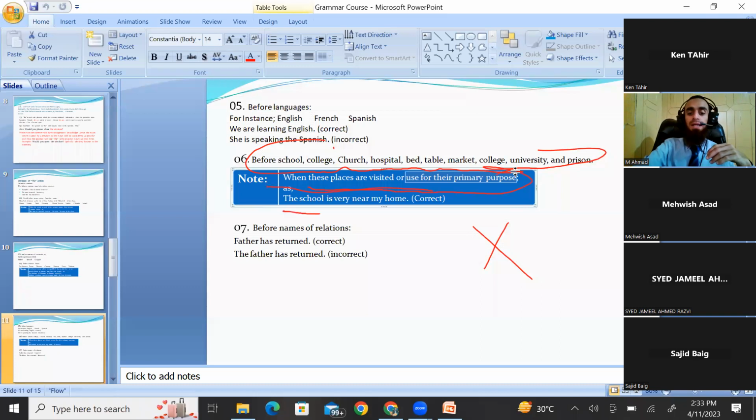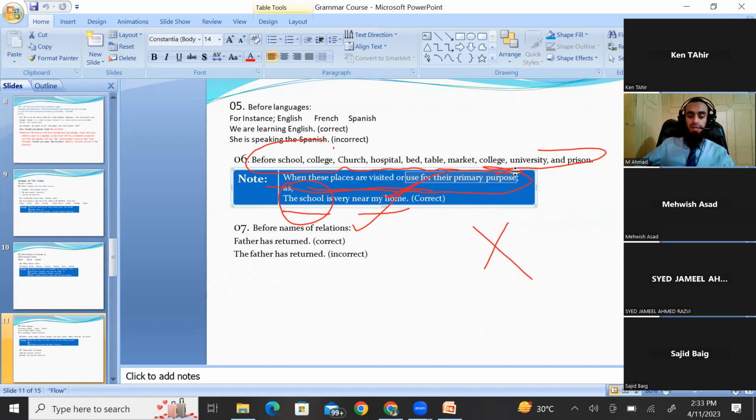For example, the school is very near to my home. This is correct. But if you say I am going to school, then no "the", because if the preposition "to" and the building name come together, no "the" is used between them, right?